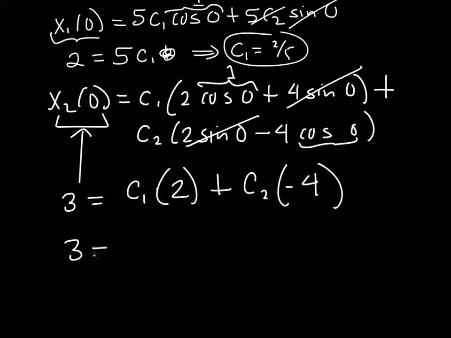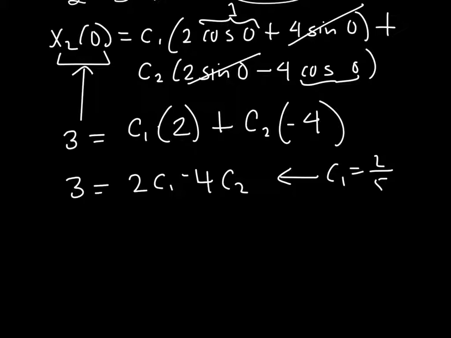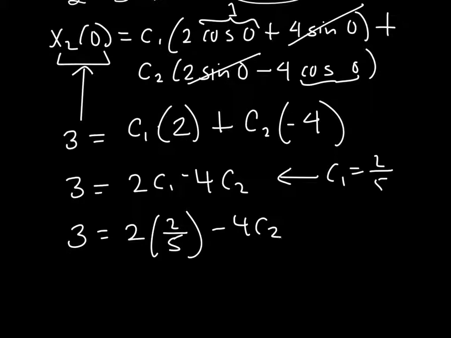And again, just 3 equals 2c1 minus 4c2, but we know c1, right? We found c1 above, so we're just plugging that back in. So 3 equals 2 times 2/5 minus 4c2, 3 equals 4/5 minus 4c2.